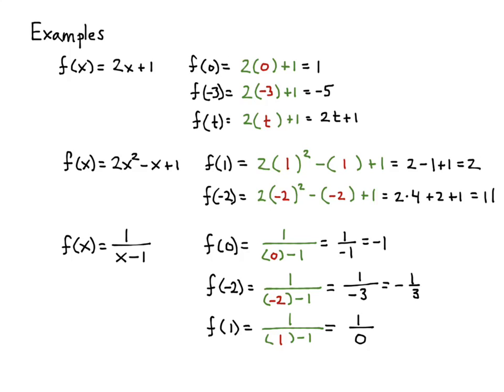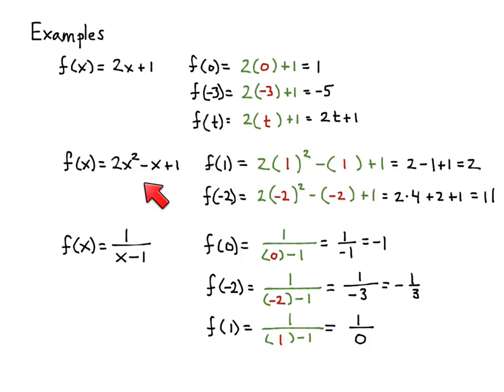We can't, though, put in 1 because it doesn't have any value. It's 1 over 0, not defined. So we say that 1 is not in the domain of this function. So if I look at these earlier functions, I can put any real number in here and not get in any trouble, right? So the domain of this function is all real numbers. Same thing here.